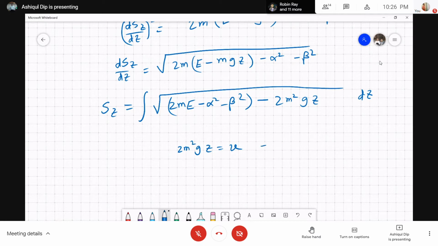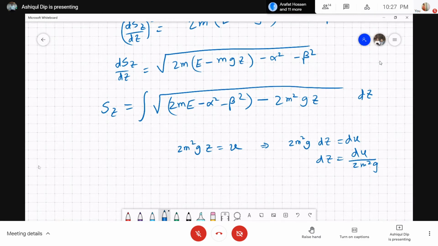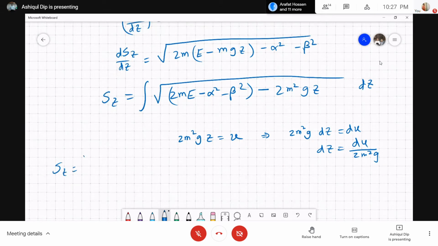So that gives me 2m squared g dz equals du, which means dz equals du divided by 2m squared g. So now we have Sz equals the integration of the square root of, let's call it big A, so A we'll substitute later, A minus u, then du divided by 2m squared g.